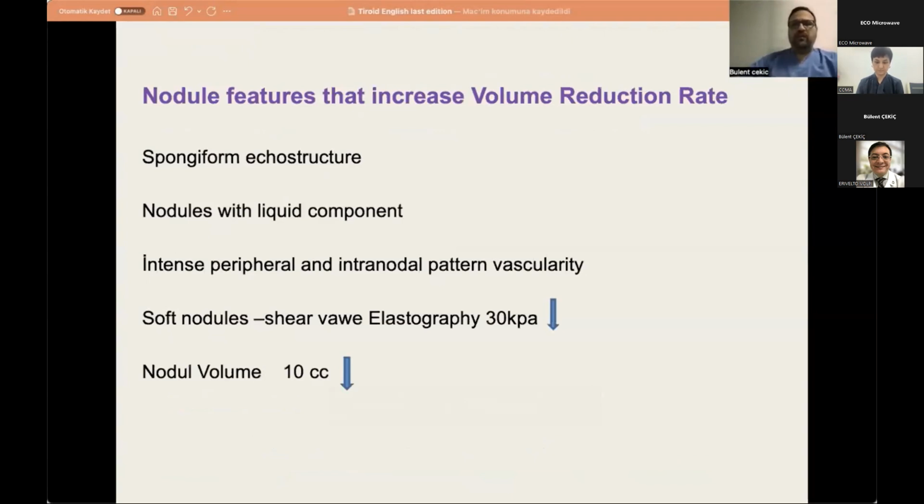In my clinic, for every thyroid nodule before the ablation we use shear wave elastography, and we look at whether it's a soft nodule or a hard nodule, and we choose nodules that have a shear wave elastography value below 30 kilopascal. In this nodule group there is a better volume reduction rate. And with nodule volume below 10 cc, we also have a good volume reduction rate.